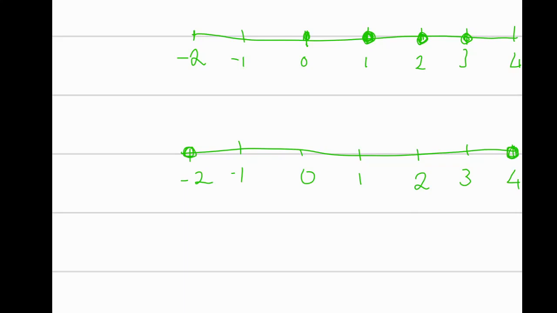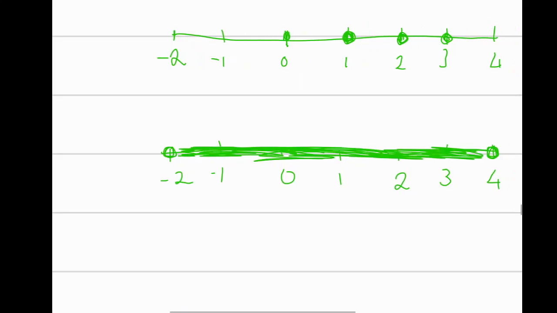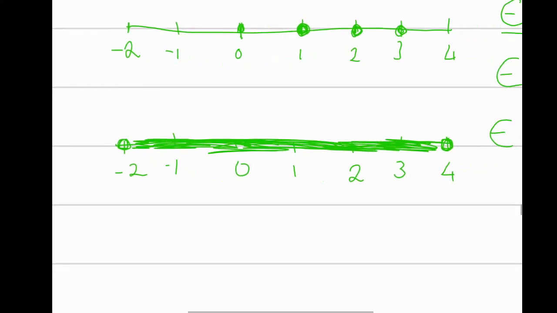So in that case, we have to exclude those two numbers. Between the two, though, every number is counted. To denote this, we're going to draw in a thick bar as we go across. That tells us that every single number between minus 2 and 4, non-inclusive, is included in the set.